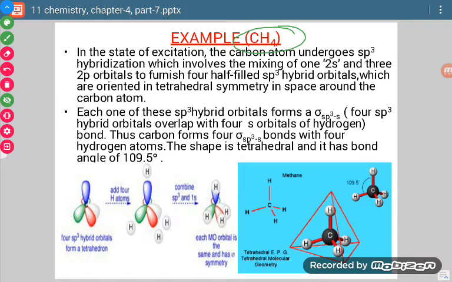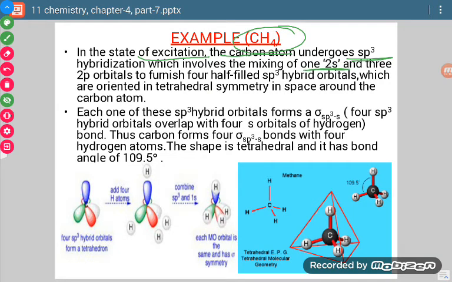Okay, so when we talk about hybridization, we will be talking about the central atom. The central atom in this case is the carbon atom. So the carbon atom undergoes sp3 hybridization here, and how does it undergo sp3 hybridization?